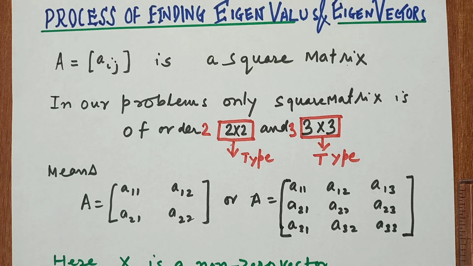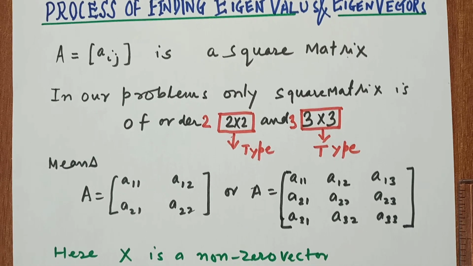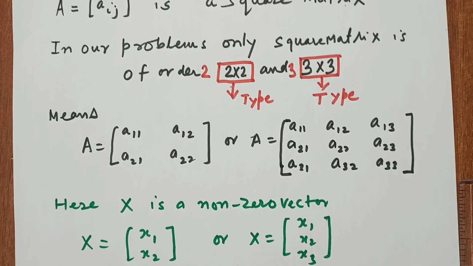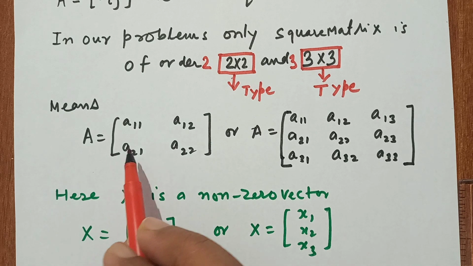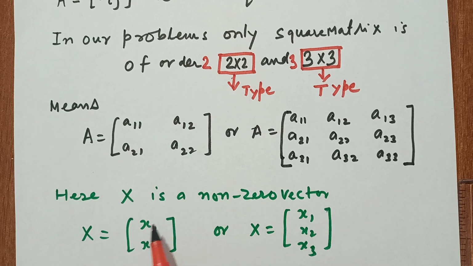So first we look carefully at our given matrix. Suppose this is a matrix. Now we will take a non-zero vector, suppose x is equal to. If the given matrix is of order 2, then our non-zero vector is a column vector, that is, a column matrix having 2 elements, x1, x2.